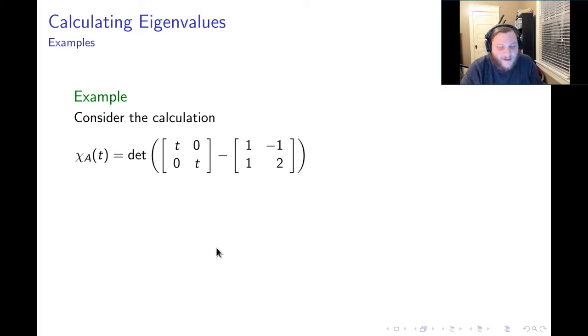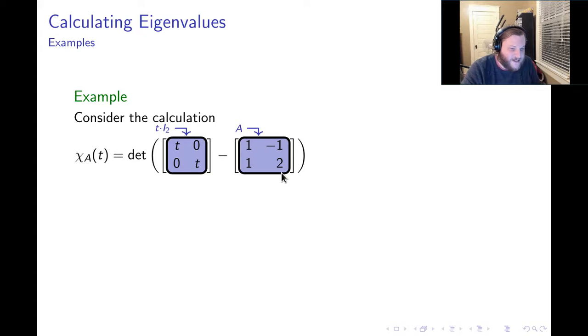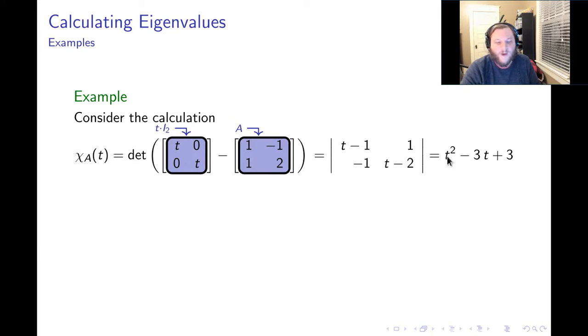Here's another example of a 2 by 2. Here we're taking the determinant of the characteristic matrix. The matrix we're studying has columns 1, 1, and negative 1, 2. So we have t times the identity minus A. When we take our determinant, we end up with the quadratic polynomial t squared minus 3t plus 3. I stared at this for a minute and I couldn't factor it in my head.